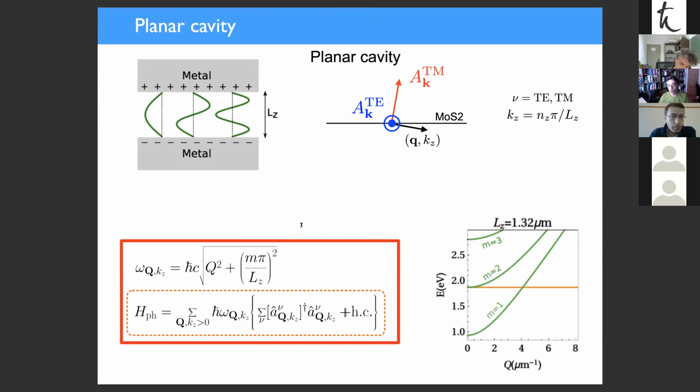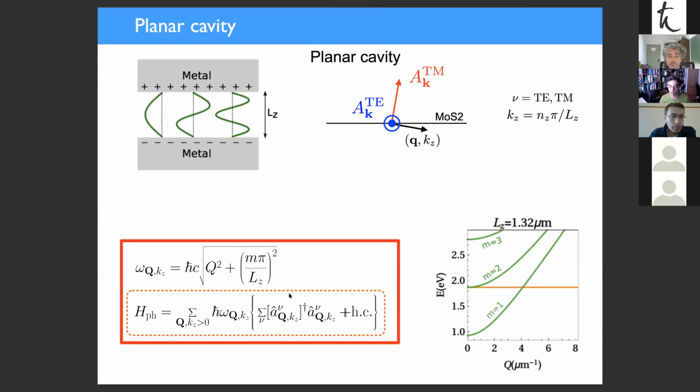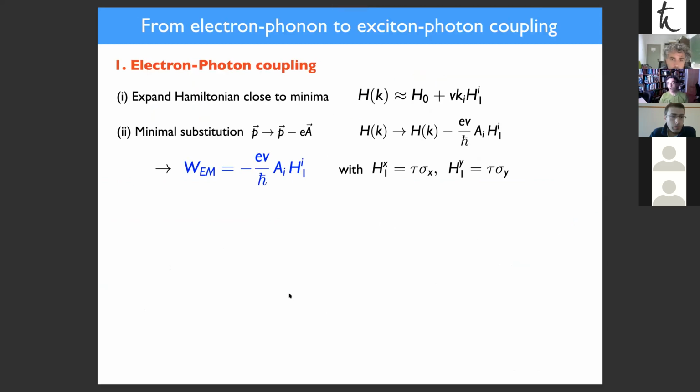And it's very easy to follow; it's a textbook example to quantize this field. So we have the Hamiltonian, that is actually the Hamiltonian for a simple waveguide. So now, in order to compute the exciton-photon coupling, we can start by computing the electron-photon coupling.